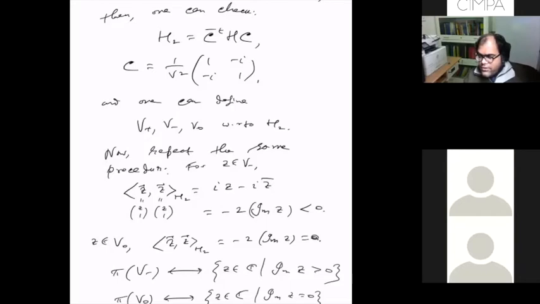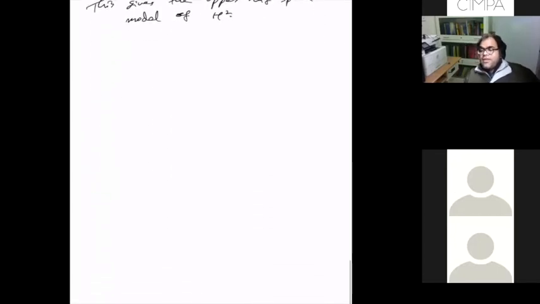So this gives the upper half space model of H2.